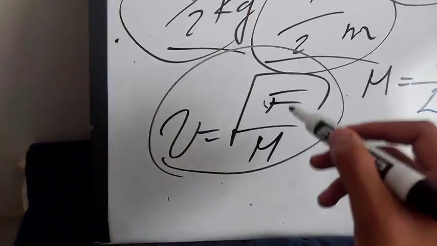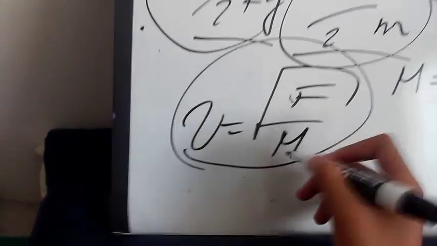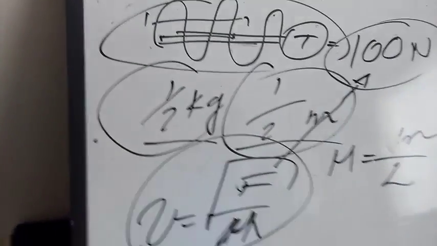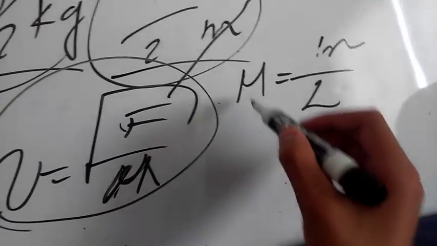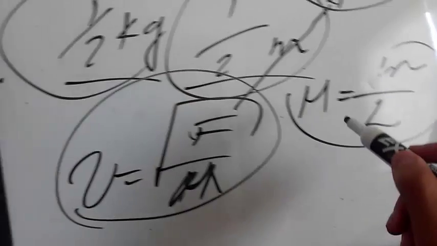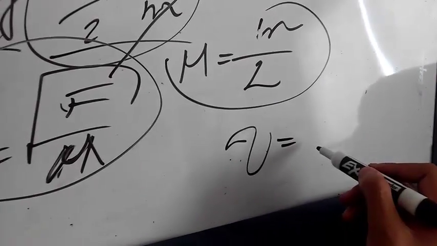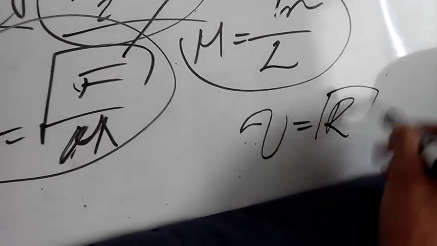For that we have to use this formula, but we don't have mu. The force we already have, it's 100 newtons. So we have to calculate mu. Mu we calculate with this formula over here. Now that we have mu, we can calculate the velocity. So that is how we can solve problem number 9.